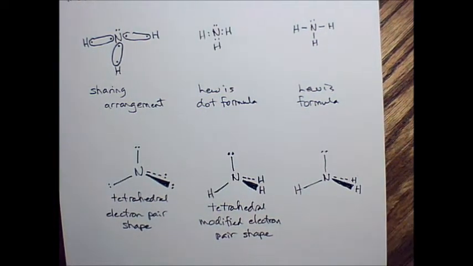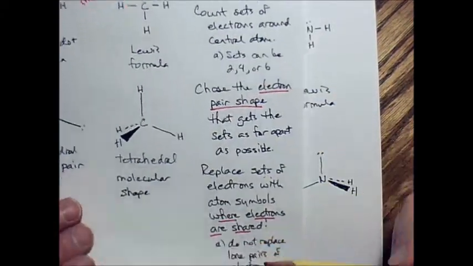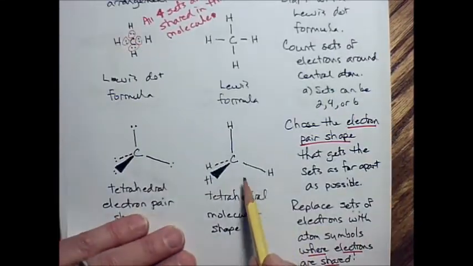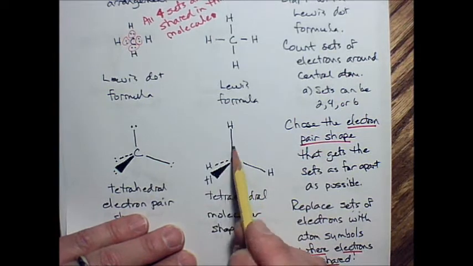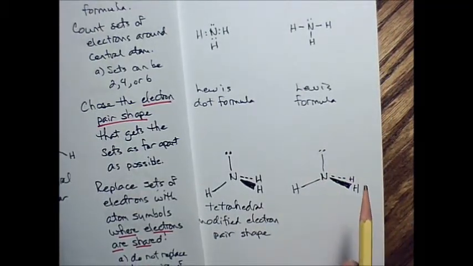So we're going to add now to our rules. I gave you these rules to start with. But now we need another rule because we've reached a situation that we didn't have before. Previously, there were no lone pairs of electrons around the central atom. But now we have a lone pair of electrons around the central atom.